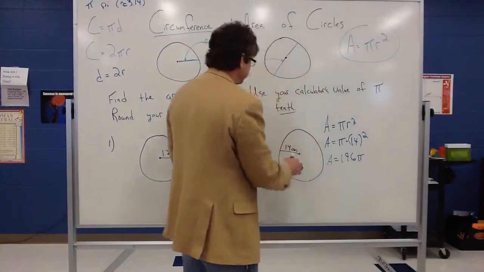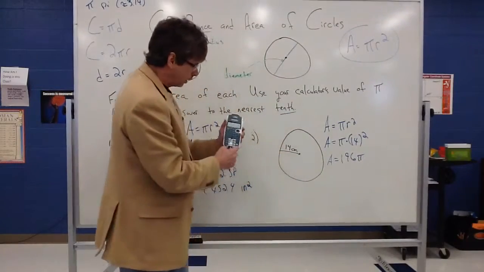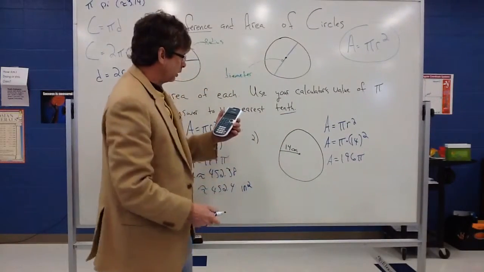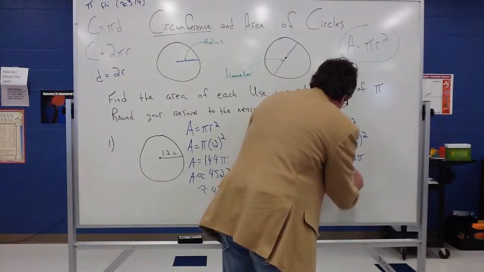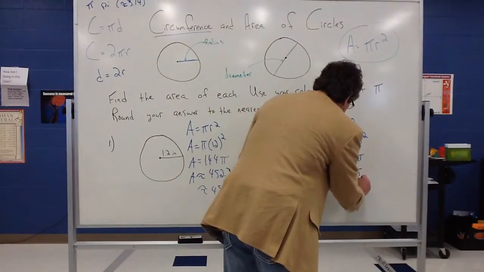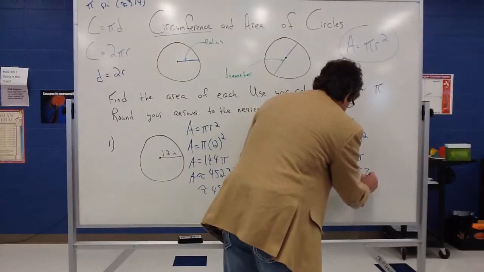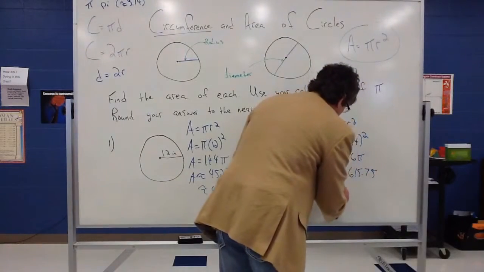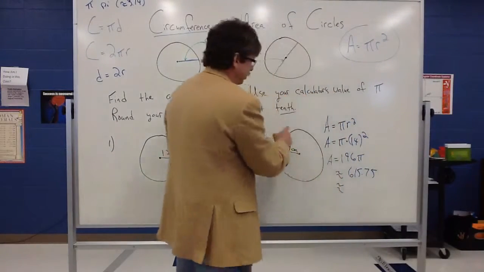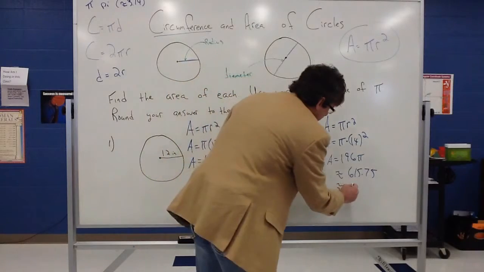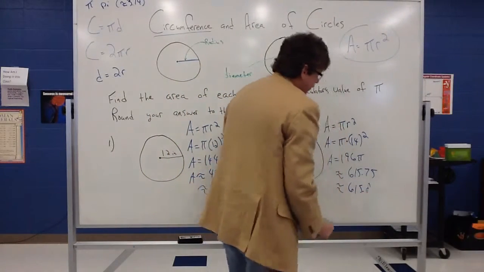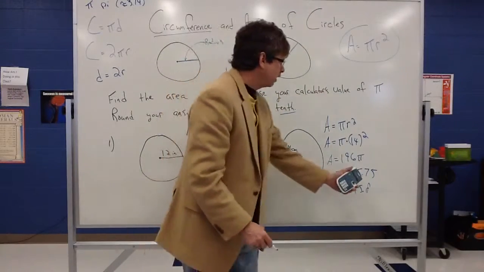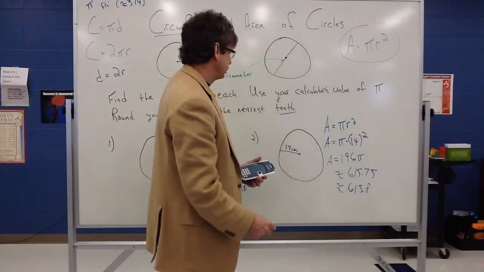But again, the directions say round to the nearest tenth. So I hit that little double arrow button. It changes it to approximately 615.75. And since I'm rounding to the tenths place, that's going to be 615 and 8/10, because that 5 would round on up to the 8.